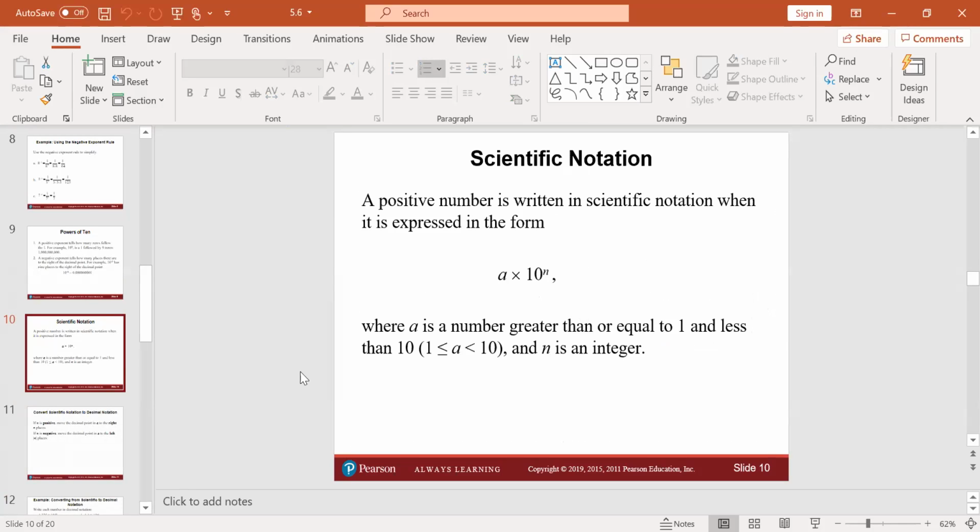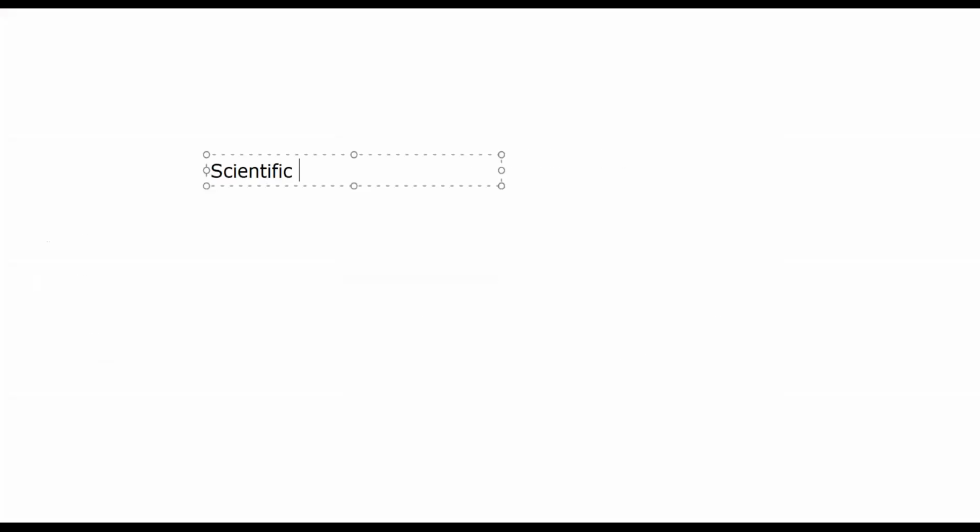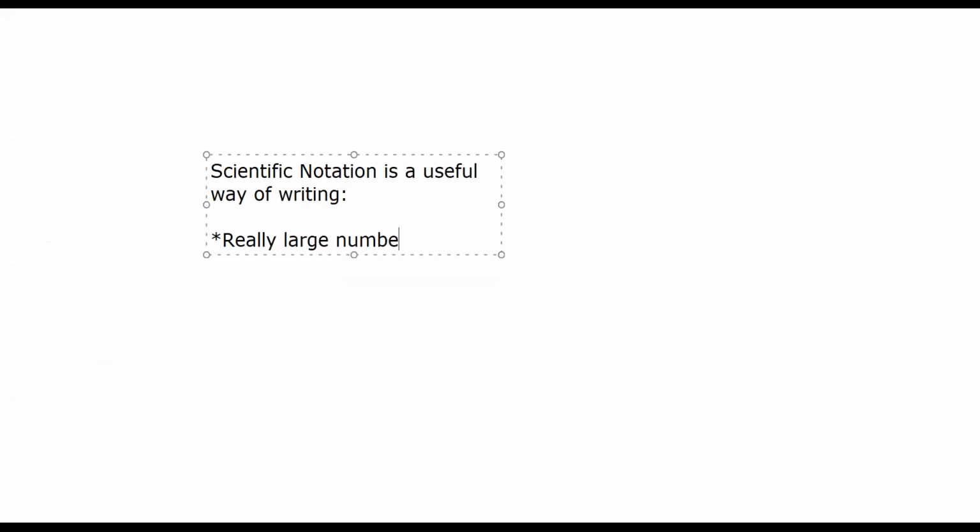Scientific notation, then, is going to be a new way to write numbers. Scientific notation is a useful way of writing really large numbers or really small numbers.